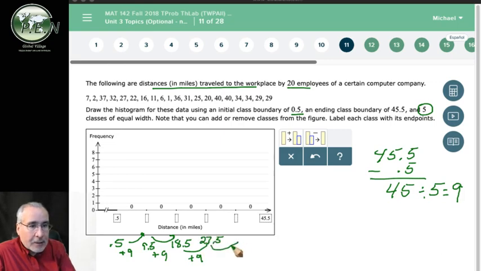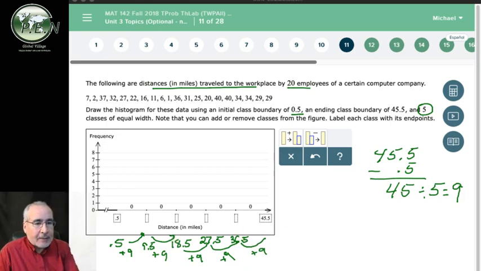Five classes, widths of 9. 27.5 plus 9 is going to be 36.5. And this is where we can check to make sure everything links up. When we add 9 more, we better get 45.5, which we do, so we know everything's lined up.